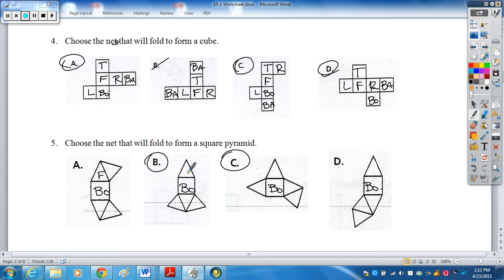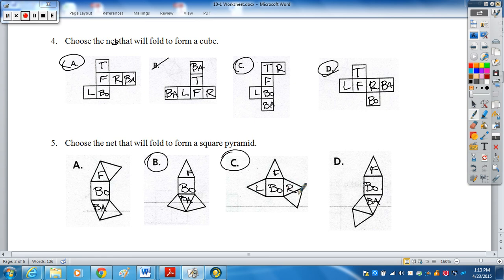So the top one is going to be the front side face. That would make this the back side face for each of these. Back, back, and back. Okay? And then if you have one on the left side, obviously left, and this one's the right.